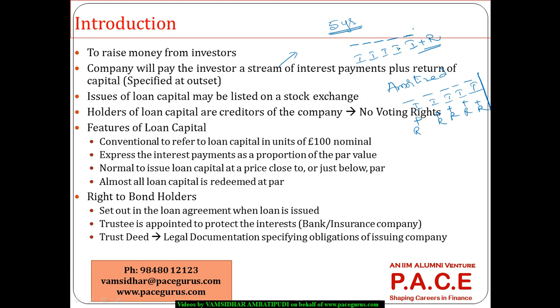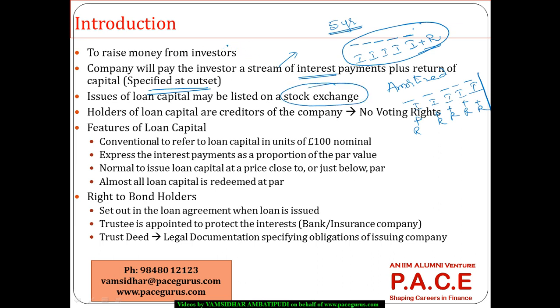Whatever the mechanism, whether it is a stream of interest payments plus a return of the capital, or an amortization kind of payment, both of them are specified at the outset. And the good thing is there is a secondary market for this loan capital.